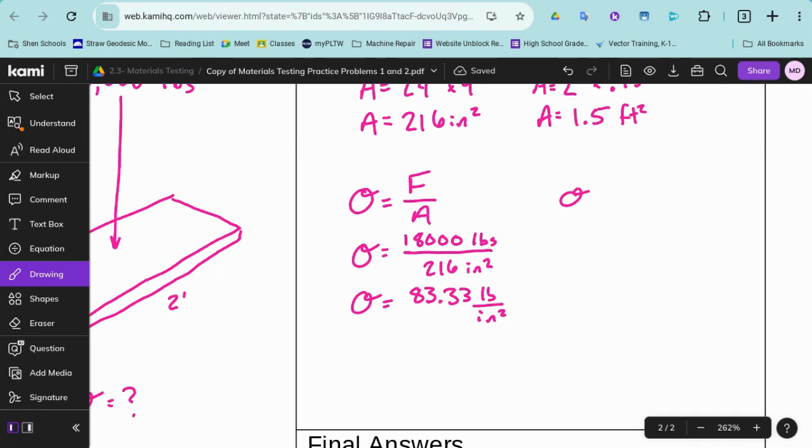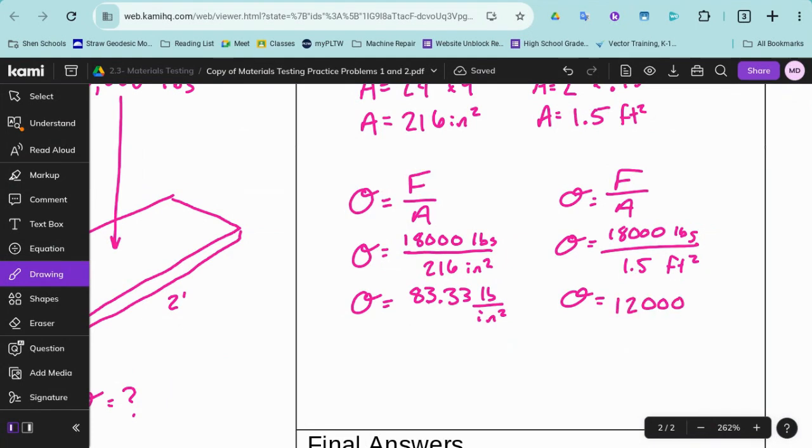Or if I work through this in pounds per square foot, same formula. Same force divided by my 1.5 square feet, and I come up with a stress of 12,000 pounds per square foot.